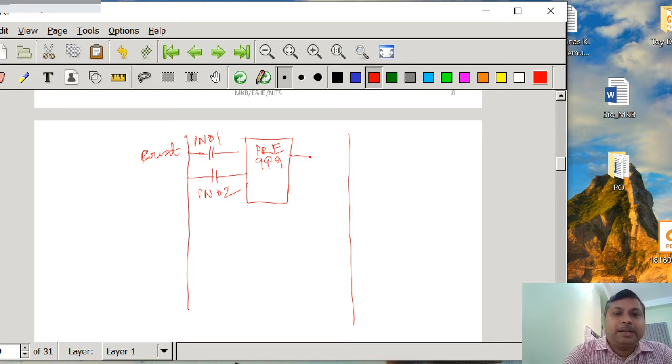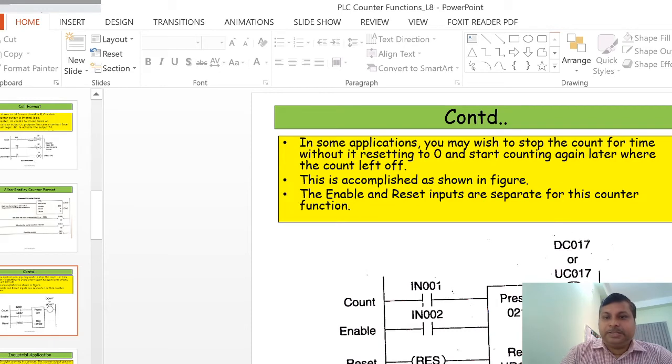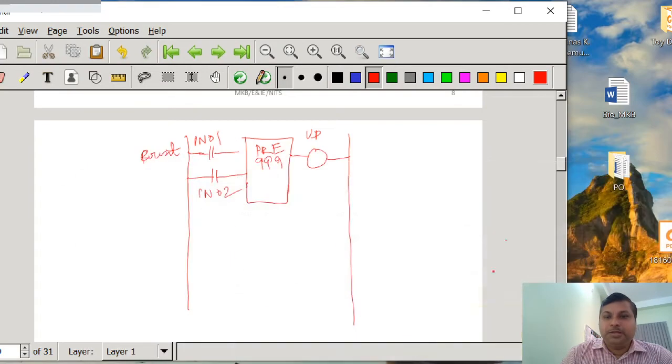Fine. And here there will be a counter address, so it is an up counter. What will be the format for the counter? You can say UC17, up counter UC17.